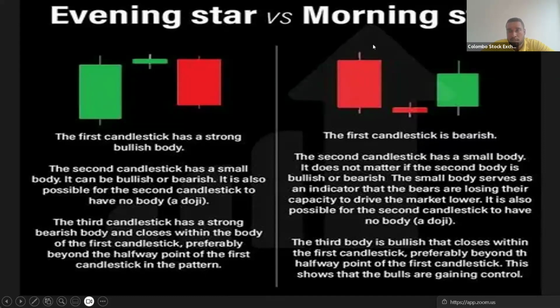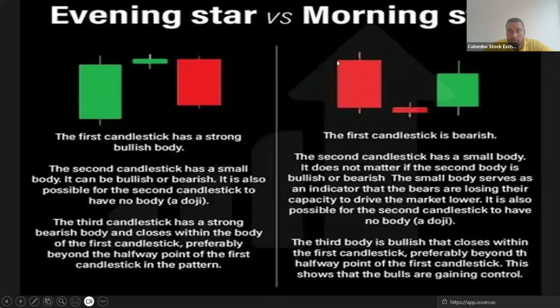In the morning star also, you see the middle candle is a doji, right? The flat body, and the closing and opening prices are the same, right? So the middle candle is a doji, and the third candle closes above the midpoint of the first candle. So this is the midpoint of the first candle.